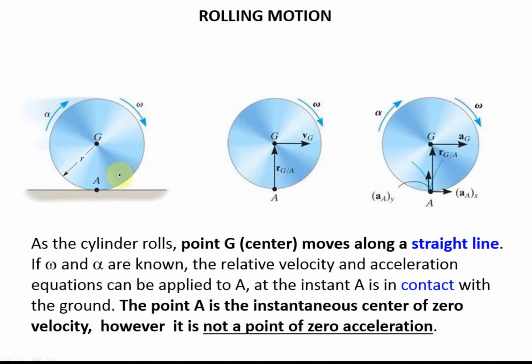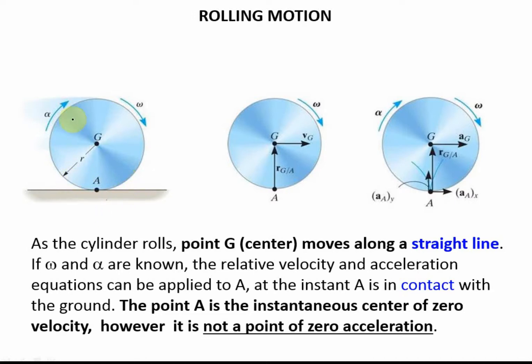The reason we don't include the case of slipping is that once slipping occurs between the cylinder and the ground, we have to consider the dynamic friction coefficient, and we have to add another constraint equation. So it becomes a little more complicated. Here we just assume there is no slipping between the cylinder and the ground.